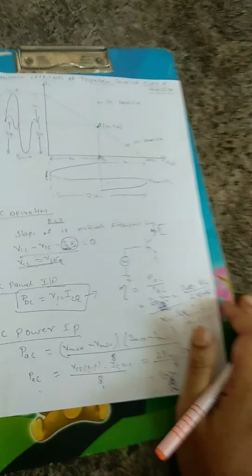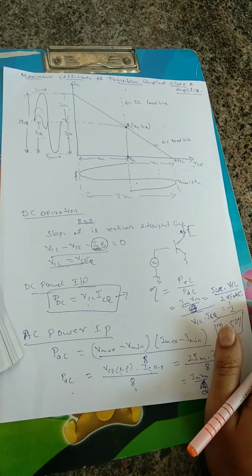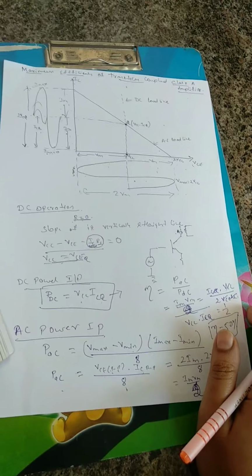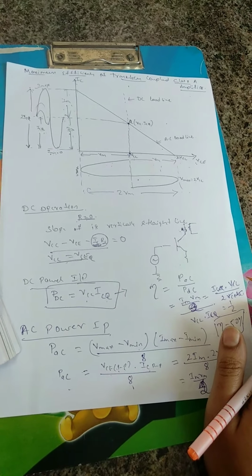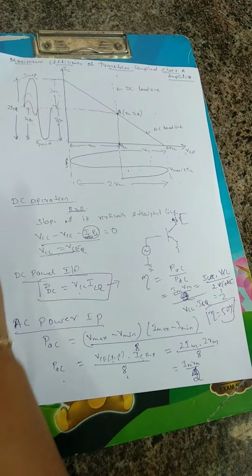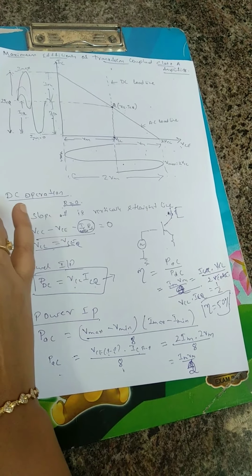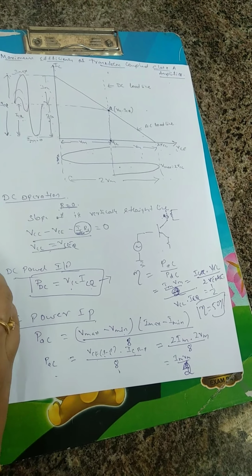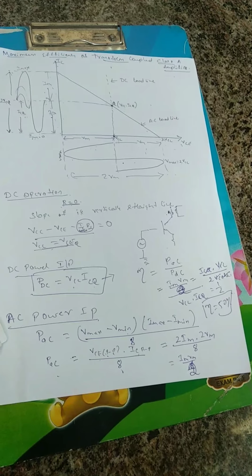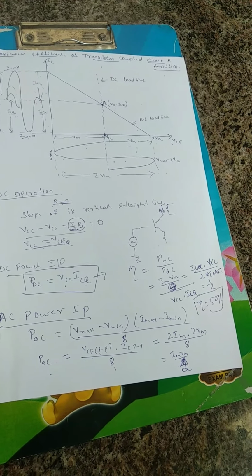So the efficiency of a transformer coupled class A amplifier is 50%. We can also derive this from the diagram.